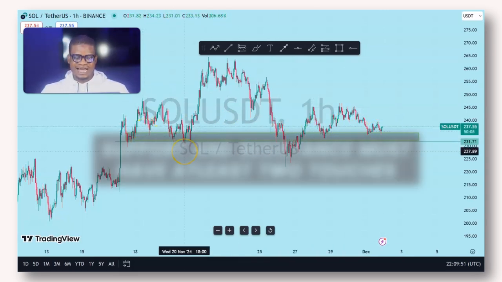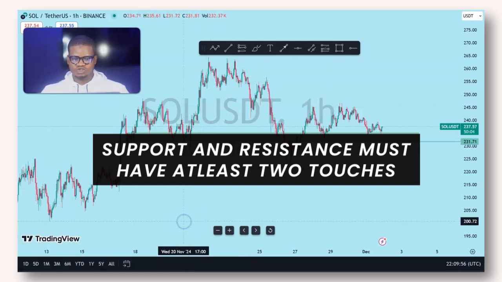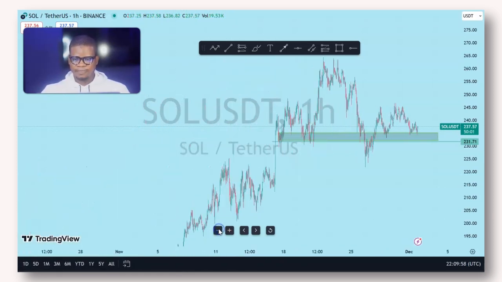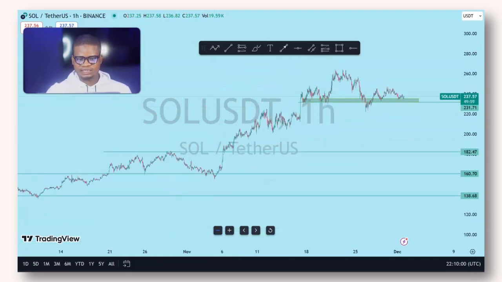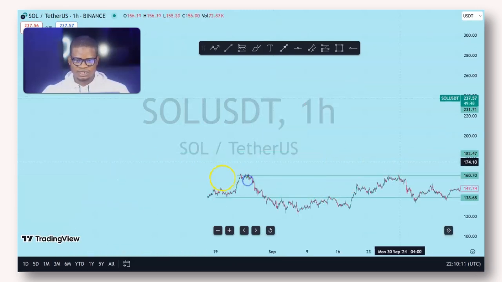Right, so a support and resistance must have at least 2 touches. So you can see, if you look at all these areas that are drawn here, we have at least 2. Then this one has 1, 2, 3, 4, 5, 6, and if you drag it, you see that it keeps respecting this particular area.